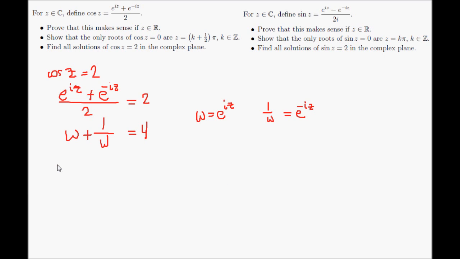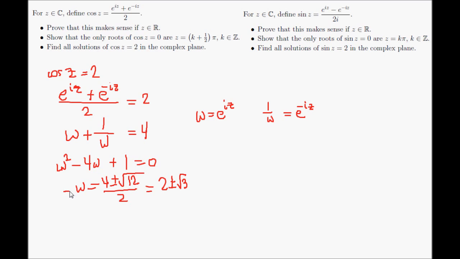So combining everything on the left-hand side and clearing out the denominator, you get w squared minus 4w plus 1 equals 0. So using the quadratic formula, w is equal to 4 plus or minus the square root of 16 minus 4, which makes 12, divided by 2, which is 2 plus or minus the square root of 3.